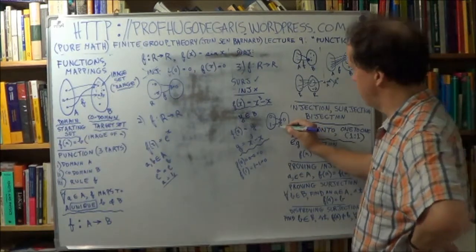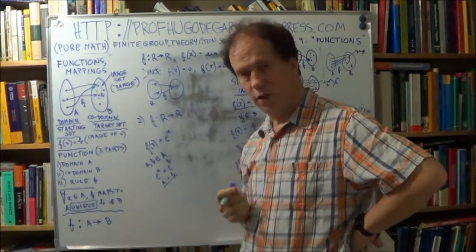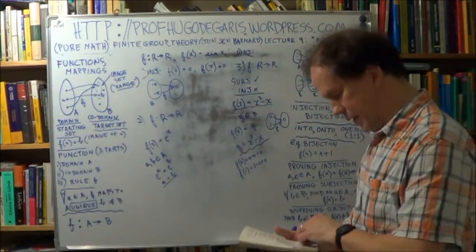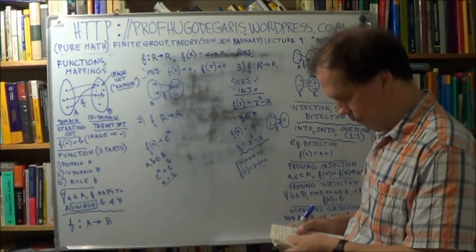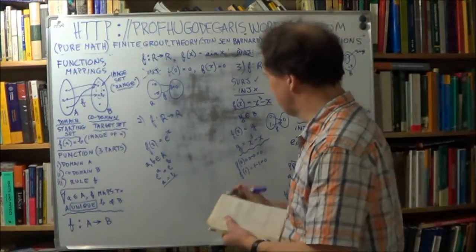And therefore this mapping here is not injective. It's not an into function. All right. Okay. Now let's do a bijective question.